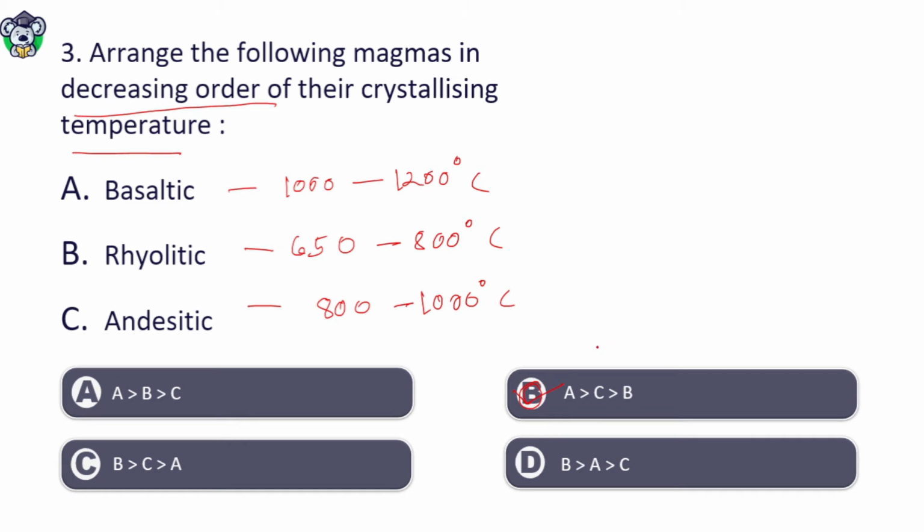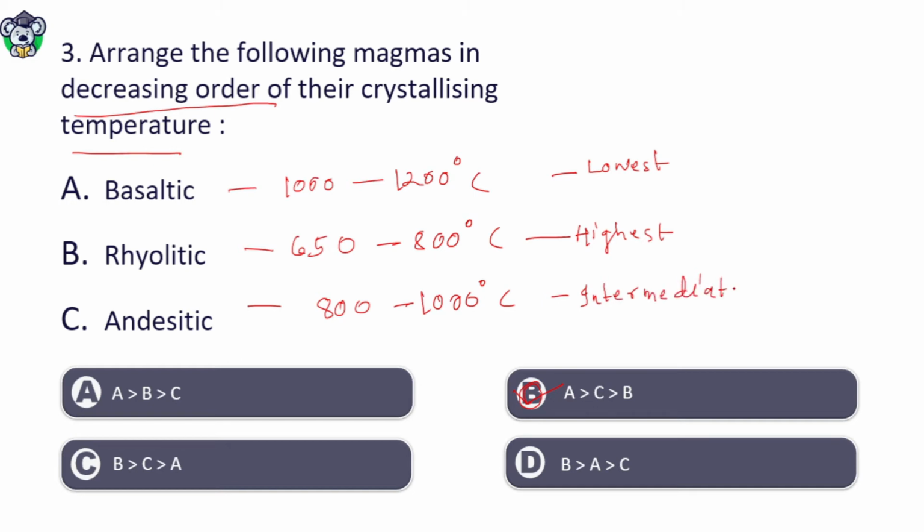If the question comes which magma has highest viscosity, the highest viscosity will be rhyolitic magma. This is highest, and basaltic will have lowest viscosity. This is intermediate.